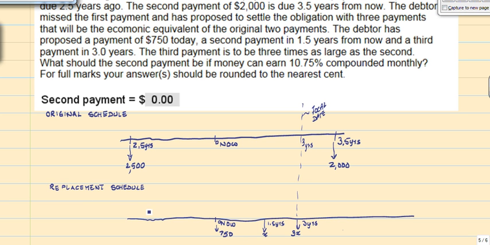Then we want to go to the replacement schedule and find equivalent value of $750 on the focal date and value of X on the focal date, and 3X is going to be right on the focal date, so we don't have to do anything. And then we're going to equate the equivalent values from the original schedule to the equivalent values of the replacement schedule and solve for X.